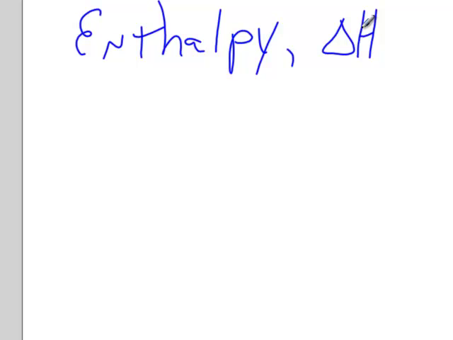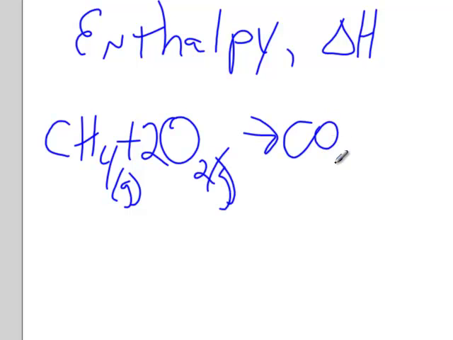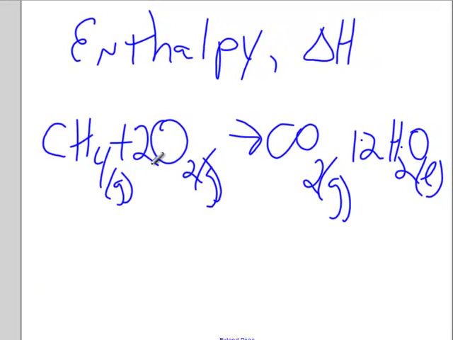Let's say, for example, we have a reaction. Let's go with methane burning in oxygen to give me carbon dioxide and liquid water. You'll notice I'm being very careful to put the states of matter here. Enthalpy will change if these states would be different.